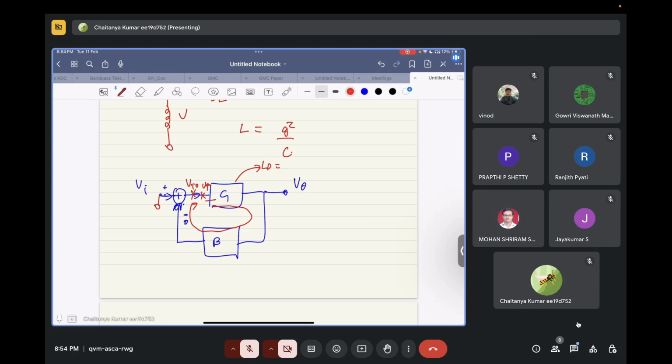But the closed loop gain will be from input to output, and that will come out to be G divided by 1 plus G beta. This is your negative feedback closed loop gain, and the loop gain is the overall open loop gain that you have in the complete loop of the negative feedback. Got it, sir.